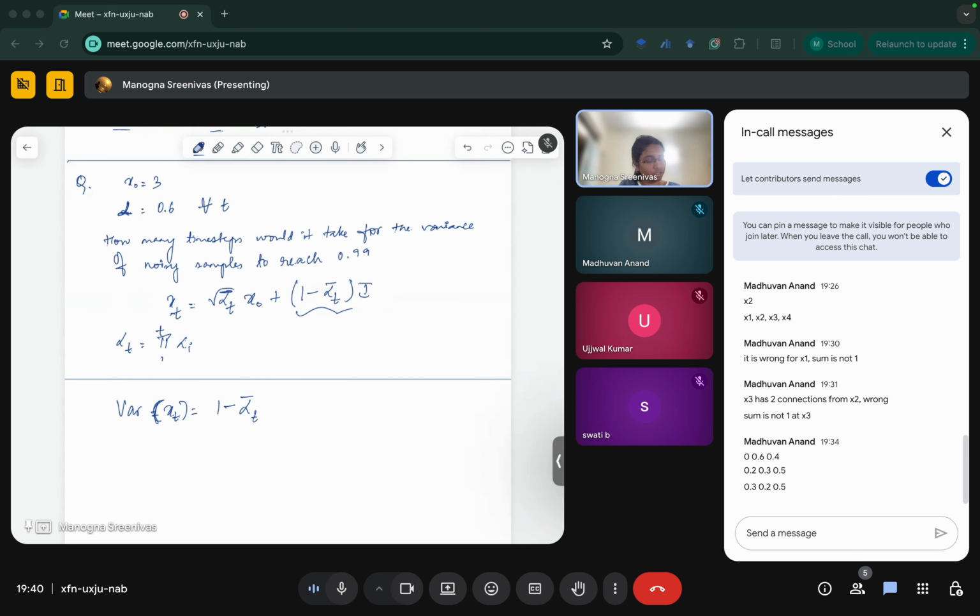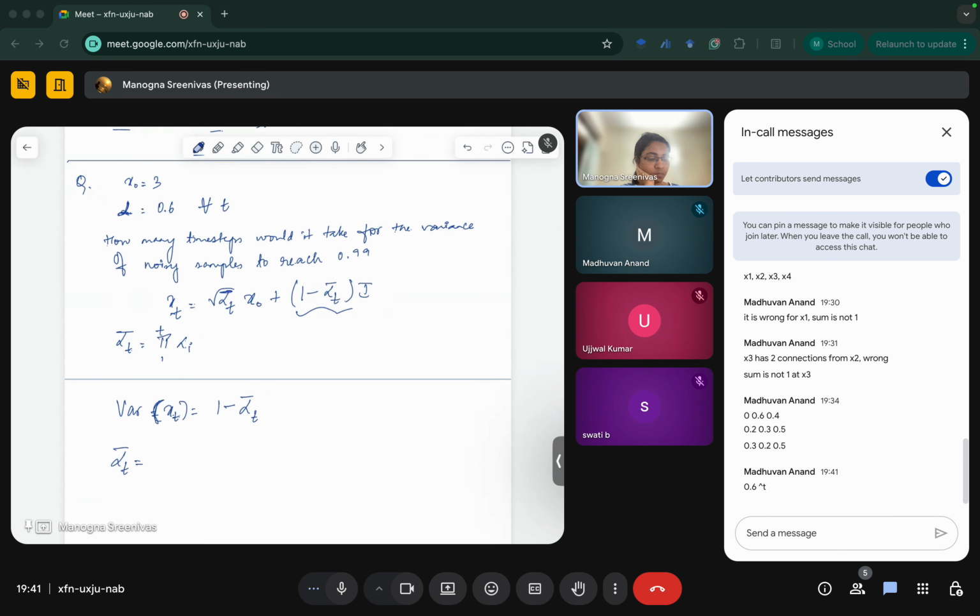Let's just put things down here, no? So alpha t bar is this. So what is alpha t bar in this case? 0.6 to the power t. Yeah, as alpha is the same, it becomes alpha to the power t, which is 0.6 to the power t. Now if you put it here, this variance will become 1 minus 0.6 to the power t.